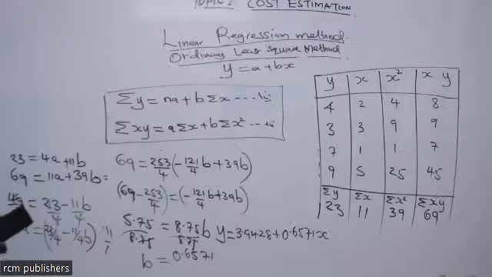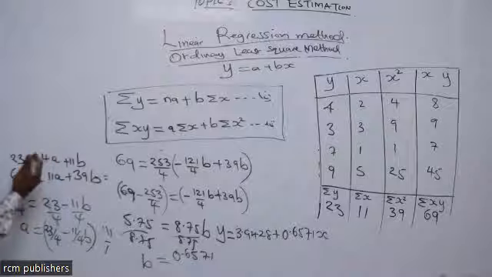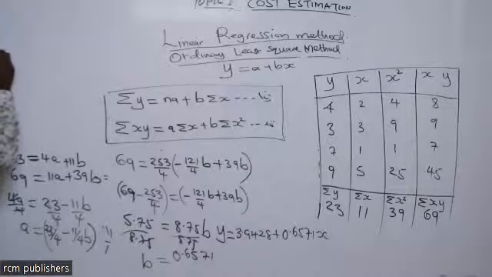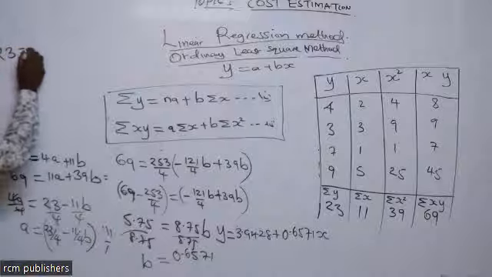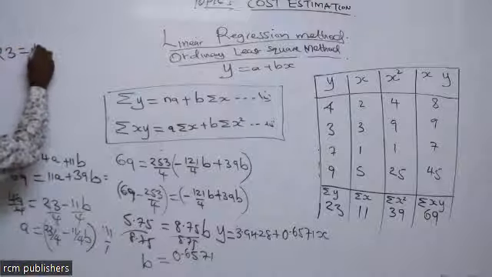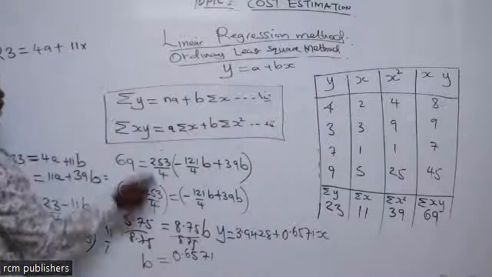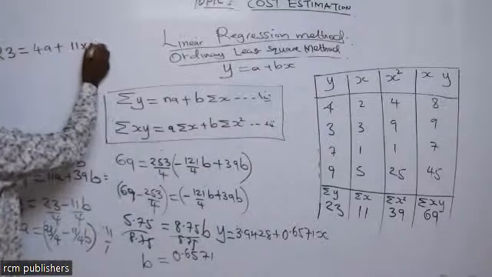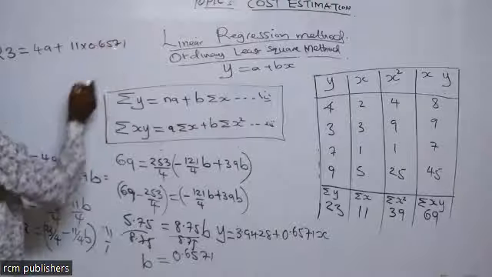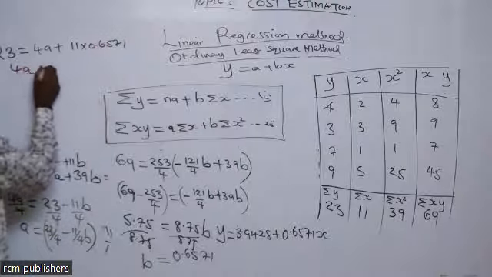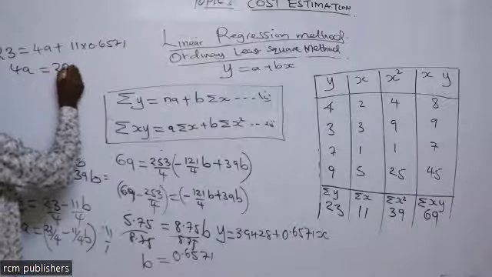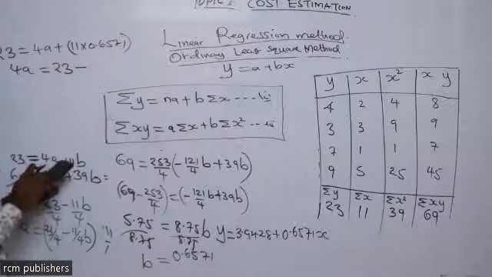Okay. Back to your questions which you end up here. Either this or this. Just pick one of them. I pick the first one. 23 is equal to 4A plus 11B. 11 multiplied by B, which I have calculated there. So my 4A will be equal to 23 minus this one here.